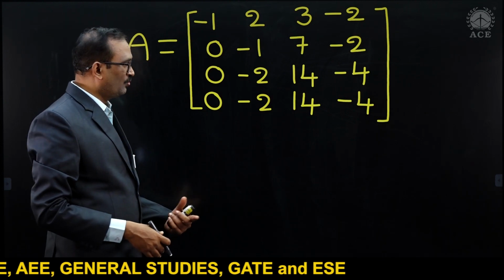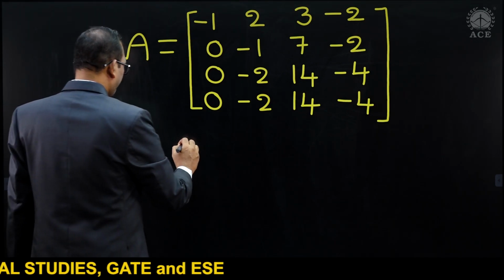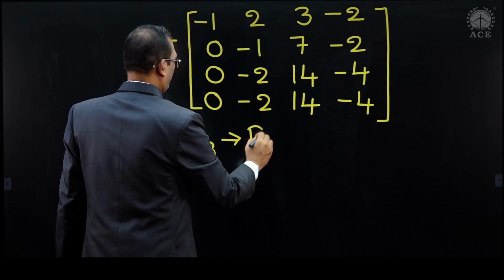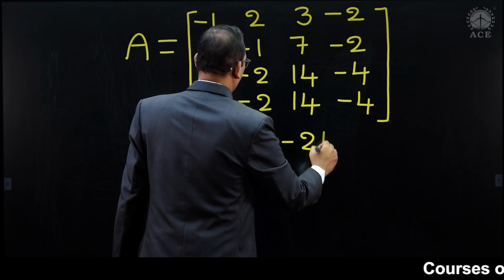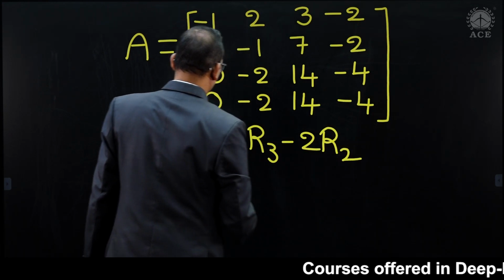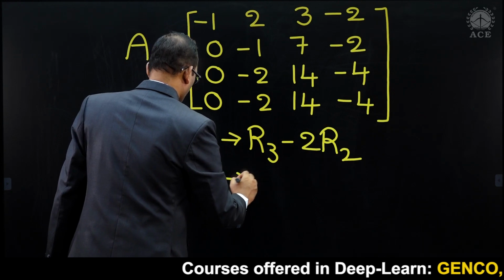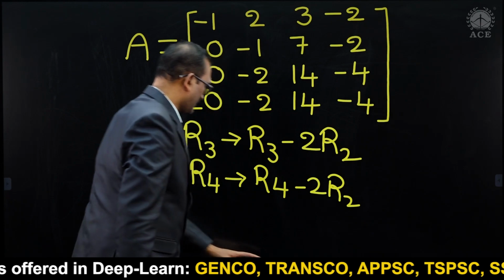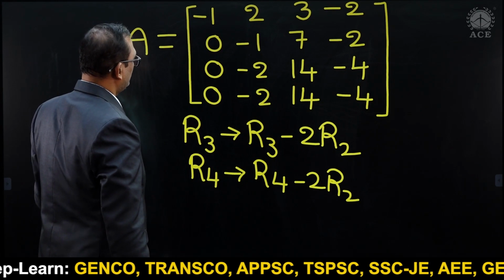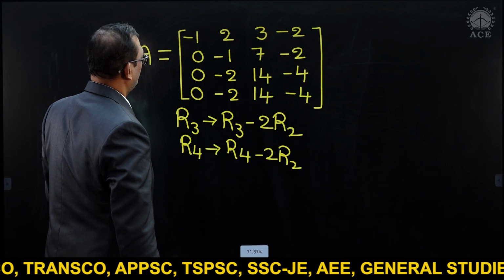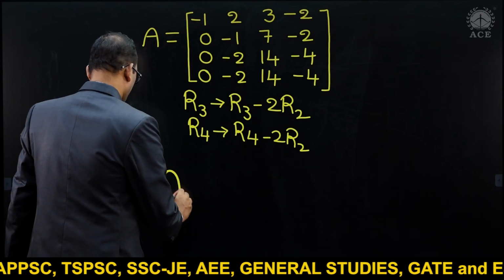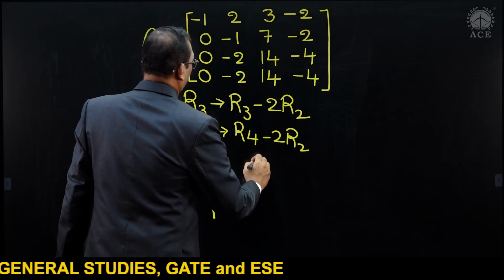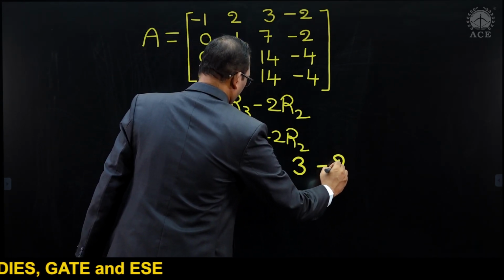Or else, if you want, you can do like this also. That is, third row minus 2 times of second row, fourth row minus 2 times of second row. Then A is equal to minus 1, 2, 3, minus 2.